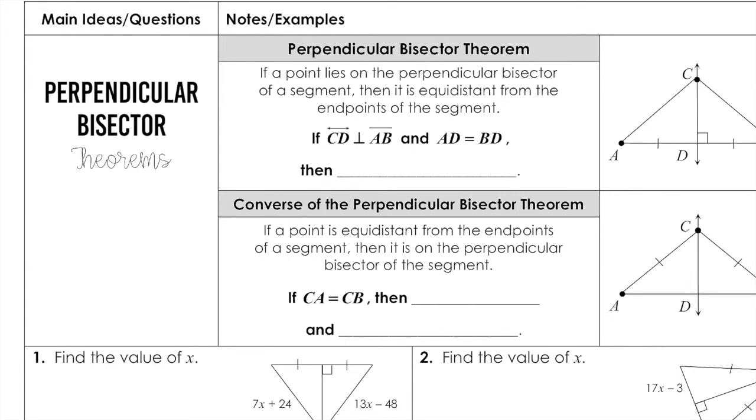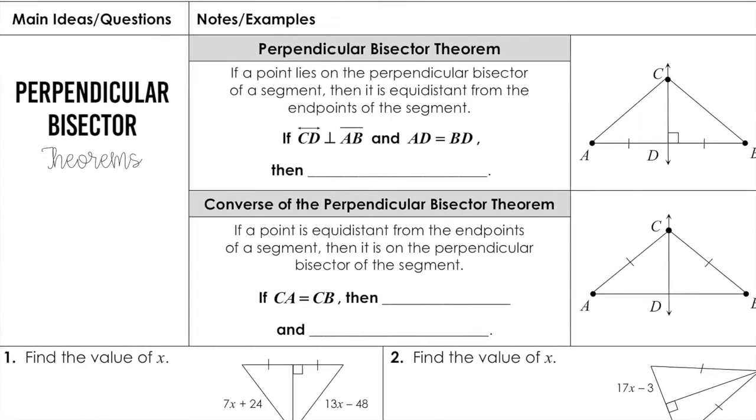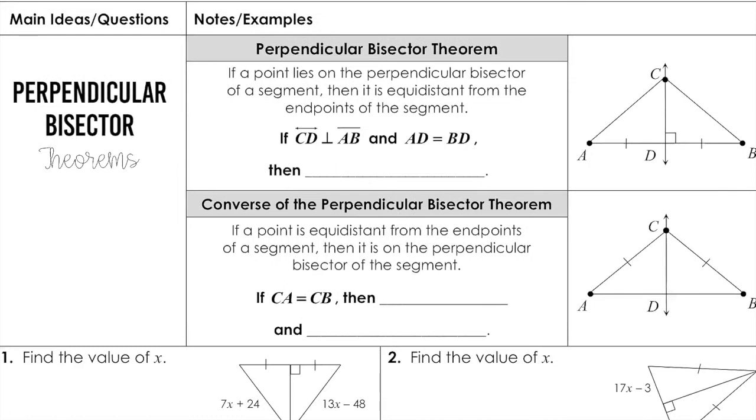Cut in half. So our perpendicular bisector theorem: if a point lies on a perpendicular bisector, so a line that's intersecting at 90 degrees and cuts another segment in half, then it is equidistant from the endpoints of the segment.